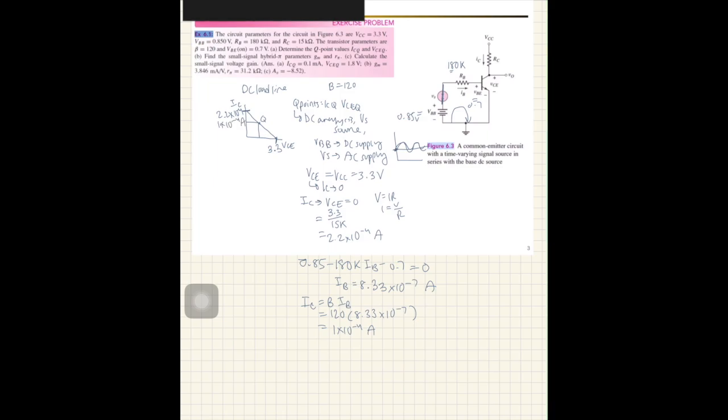So let's find out what VCE is, which would be this voltage, 3.3, minus the voltage here.